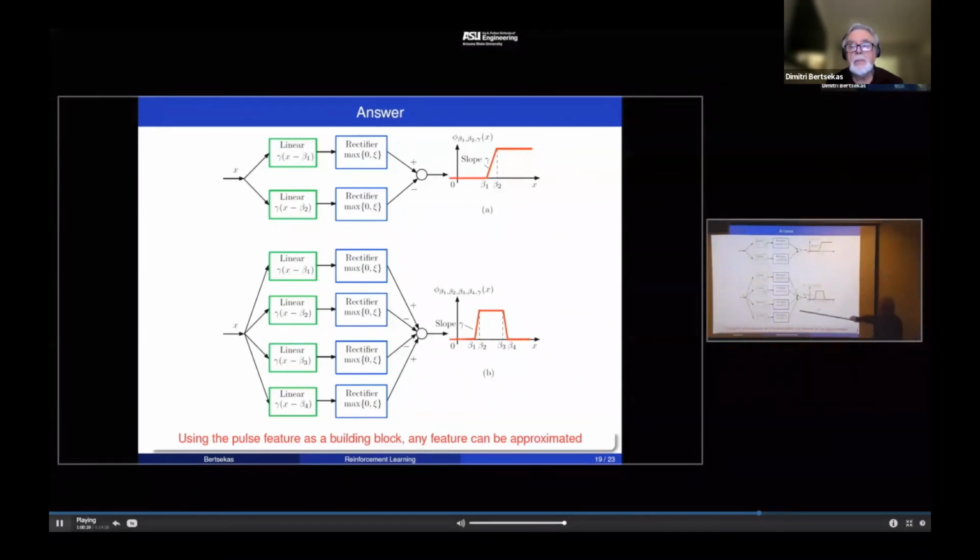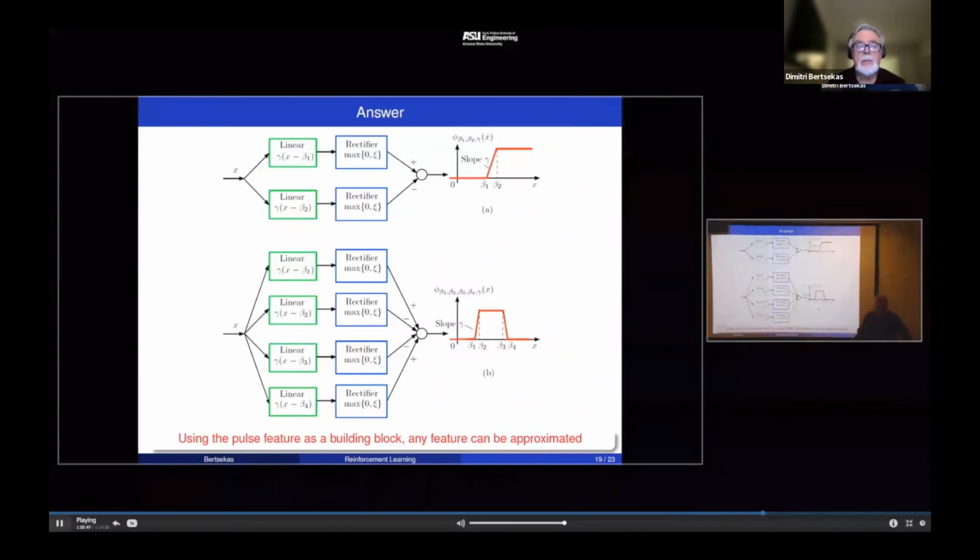In practice, you'll optimize the parameters so that you can get even better approximations. But the universal approximation property says simply that the neural network is capable of approximating any function, and by optimization, it can do it better.